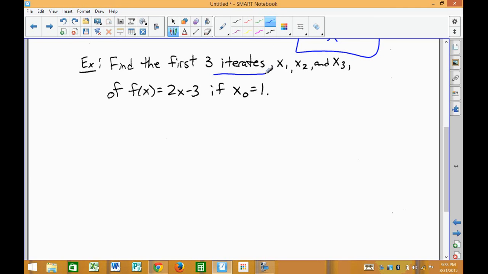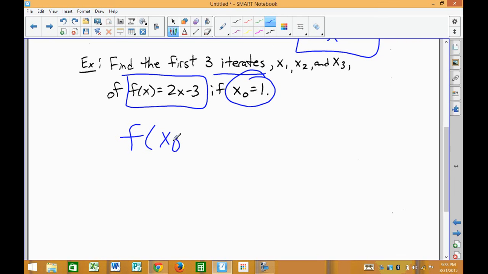So the iteration process is simply just a substitution. We have a function f of x, and then we have an initial value. This is our guess, x sub 0. So all we're doing is just finding what f of x would be. Here's how it works. To find f of x sub 0, that would be equal to x sub 1.